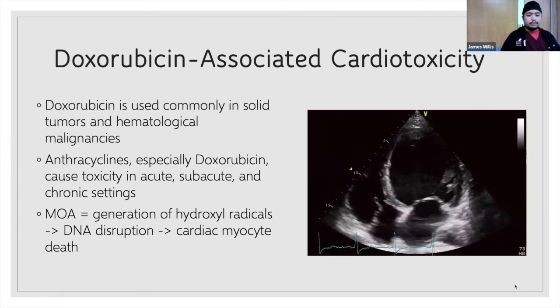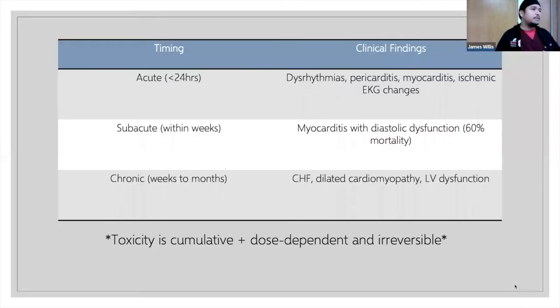In regards to timing, acute toxicity with doxorubicin can present with a wide variety of cardiac issues, including dysrhythmias. They can have ischemic changes, and this can be as acute as within the first 24 hours. They can also have a pericarditis or a myocarditis. Then subacutely, within weeks, is the really dangerous time period, because at this point they can develop myocarditis with severe diastolic dysfunction, and these patients have a really high mortality.